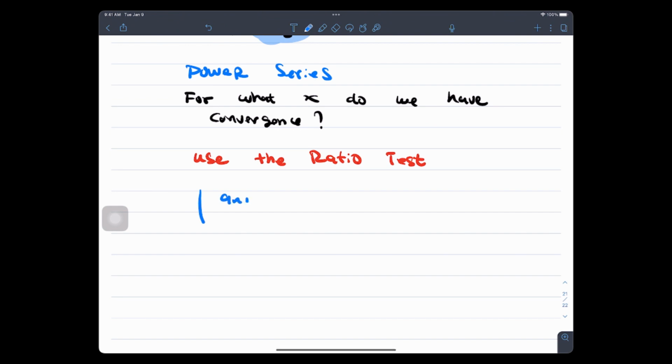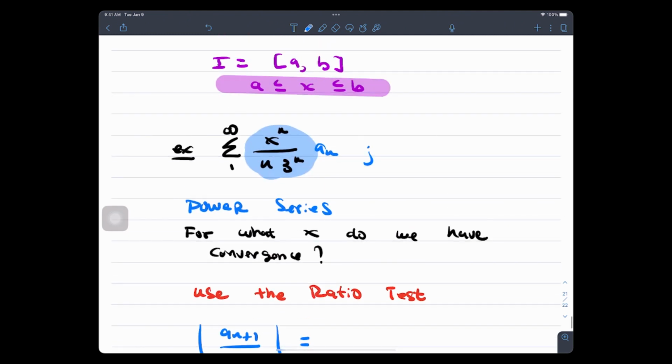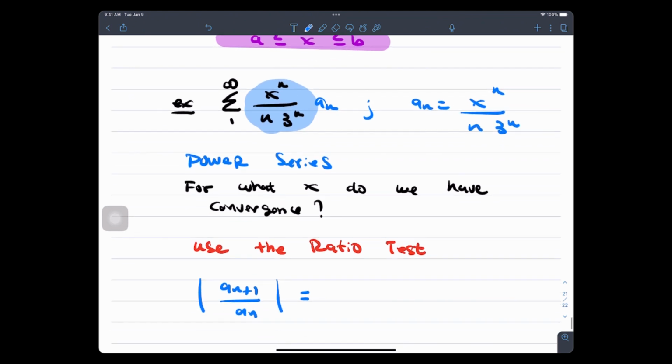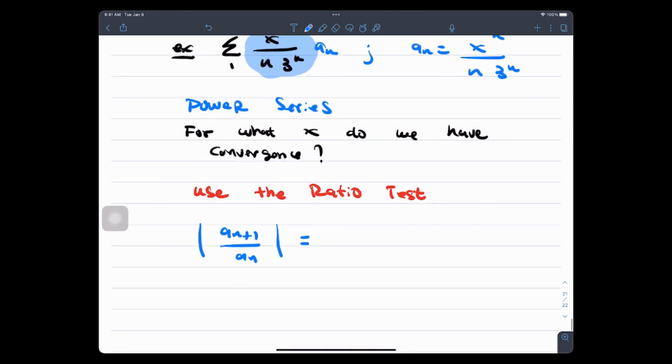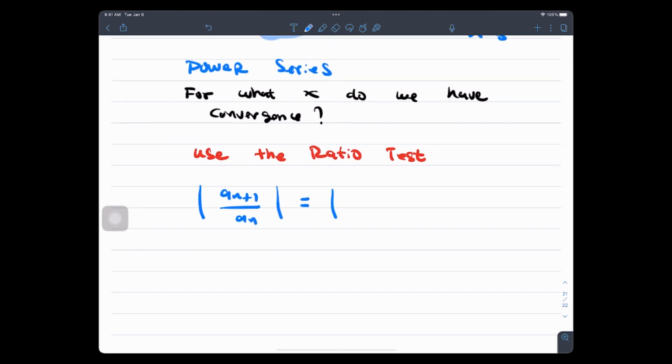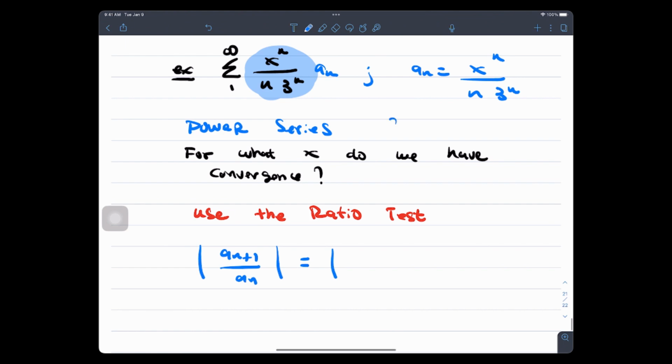Absolute value of a_(n+1) over the absolute value of a_n, right? So we say, what is that? Well, a_n is x to the n over n times 3 to the n. So that means a_(n+1), change n to n plus 1.